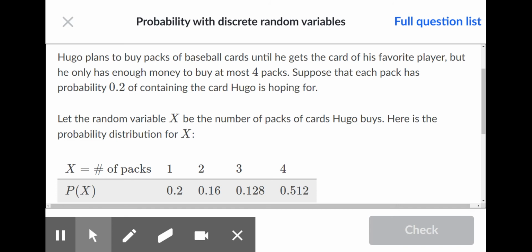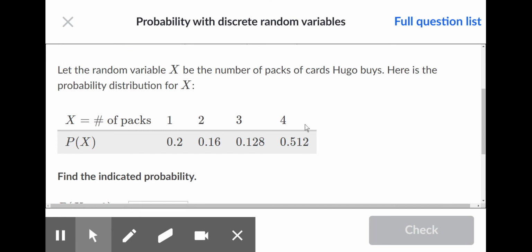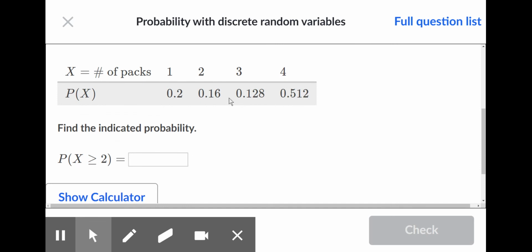Let the random variable x be the number of packs of cards Hugo buys. Here is the probability distribution for x. So 1, 2, 3, 4, voila, is a discrete random variable because we can count the number of packs. And that's a valid probability distribution because this all adds up to 1.